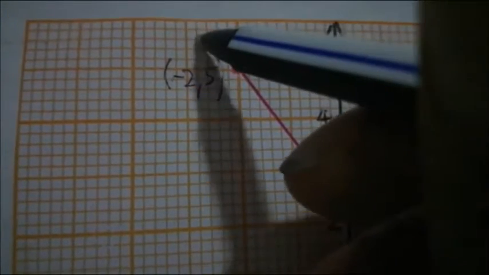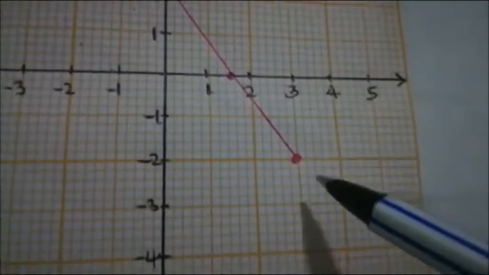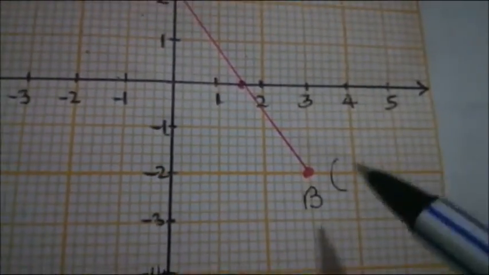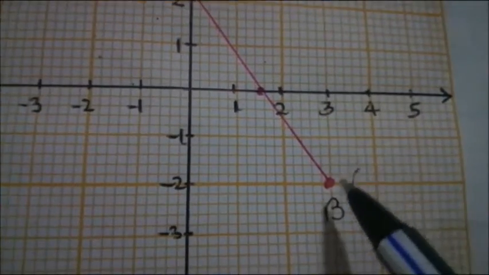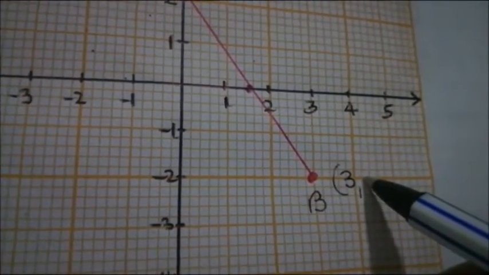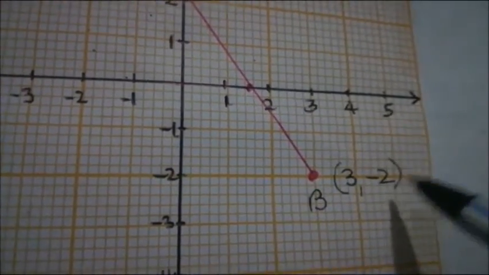For this point, let's call it A. And for this point B, the coordinate is going to be 3, negative 2. So 3, comma, negative 2.